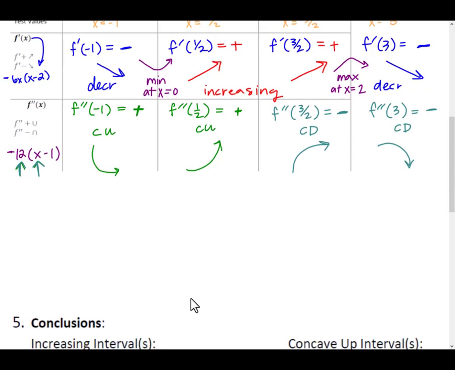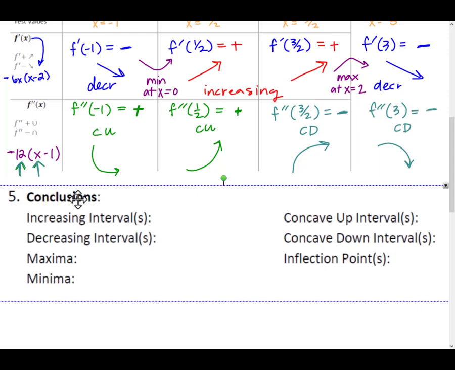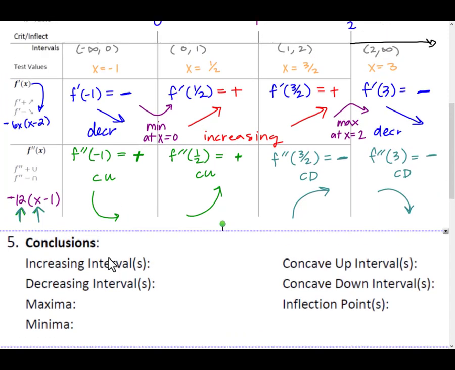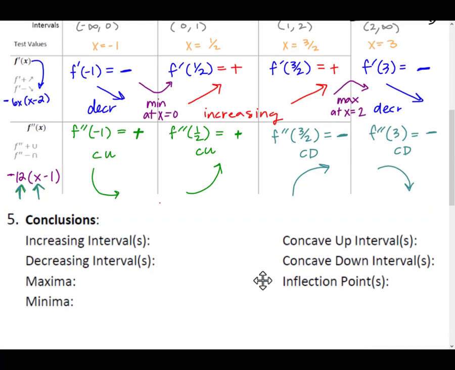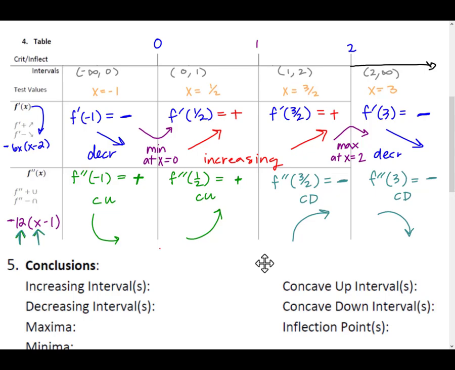All right, so let me pull these up here so we can talk about what our conclusions are going to be. All right, so what interval is this function increasing? We are increasing all in this range.